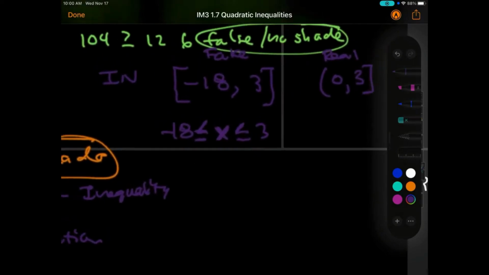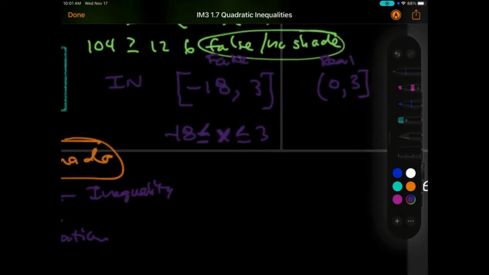Reading from left to right, that says -18 is less than or equal to x. But remember, this is a compound inequality, so you can write it like this. x is bigger than or equal to -18. Notice how that inequality is pointing to the -18, so when I put these two inequalities together, the inequality has to point to whatever you have there.